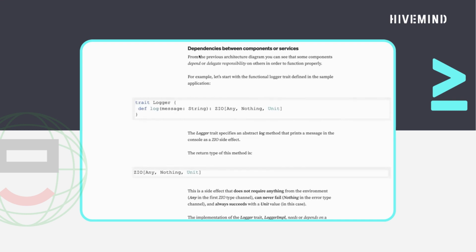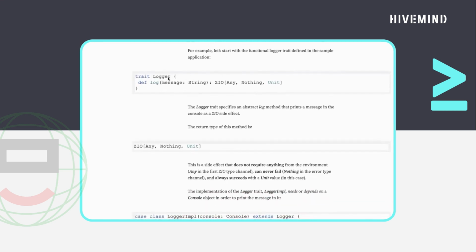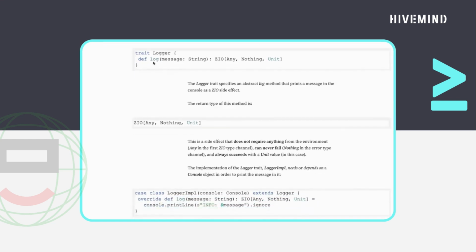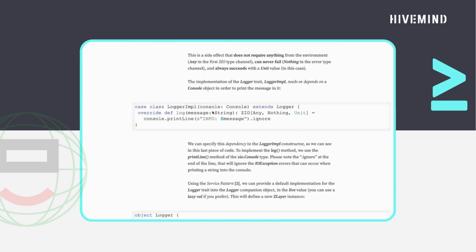For that, for example, if you have a logger, a trait Logger, define a log method, and we have a logger implementation that requires a console to print those messages. Then we can build this instance in this way. We can have a logger implementation that requires a console and extends the trait Logger.